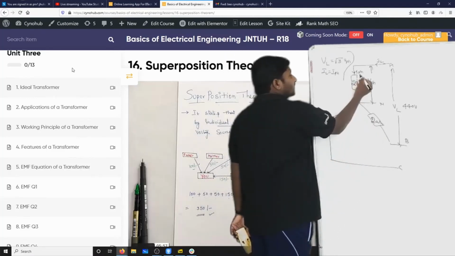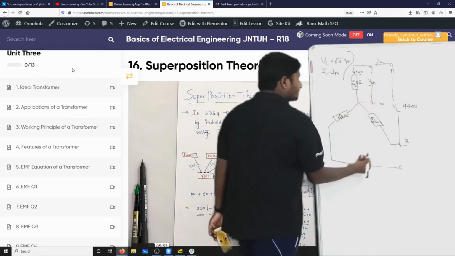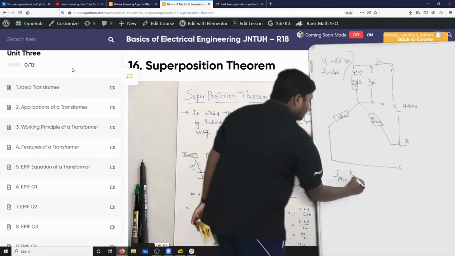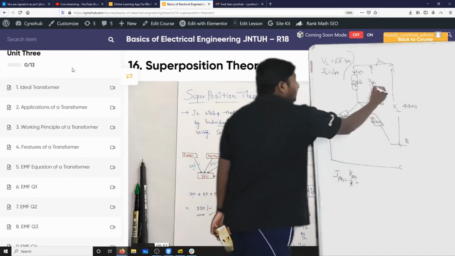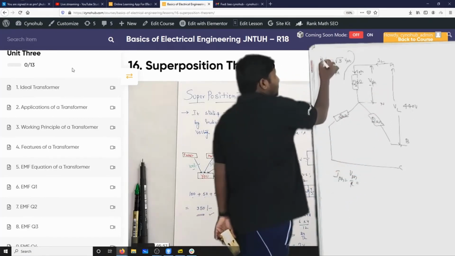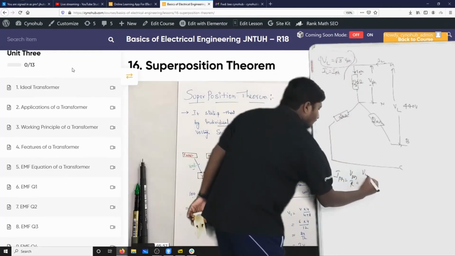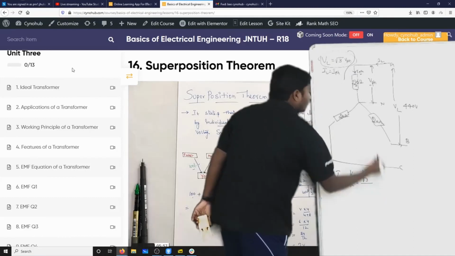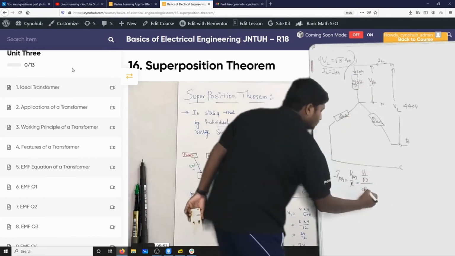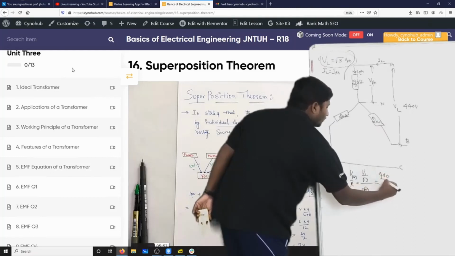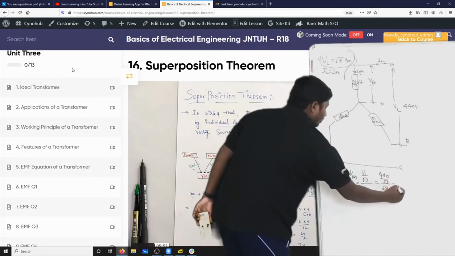Phase current is nothing but V phase by 20 ohms. I phase is equal to V phase by resistance. V phase from this formula is VL by √3, divided by the resistance, which is 20 ohm. VL is 440, so it is 440 by √3 by 20 ohm. You will get I phase.